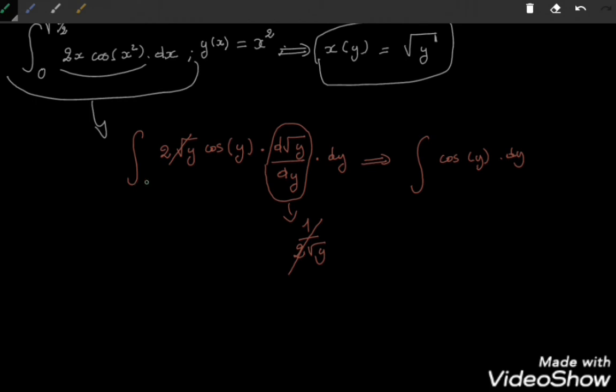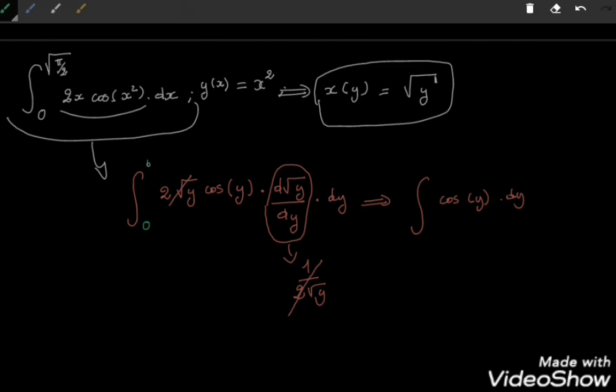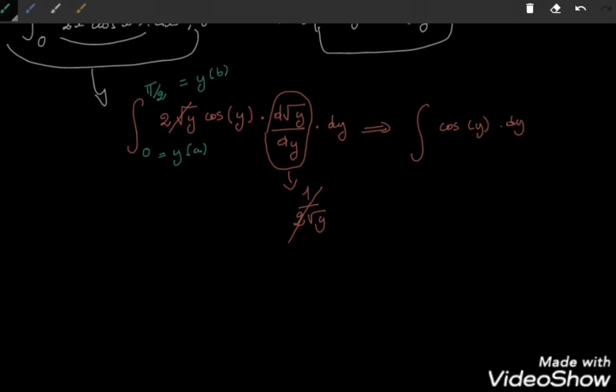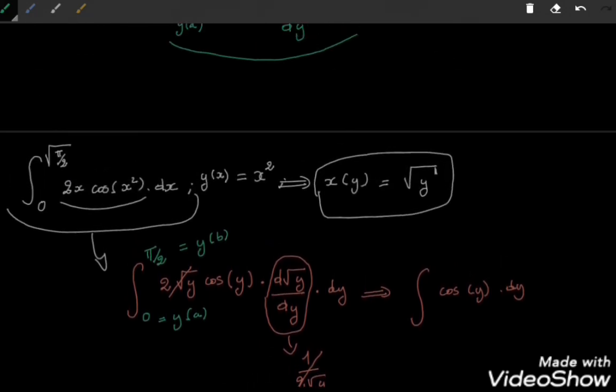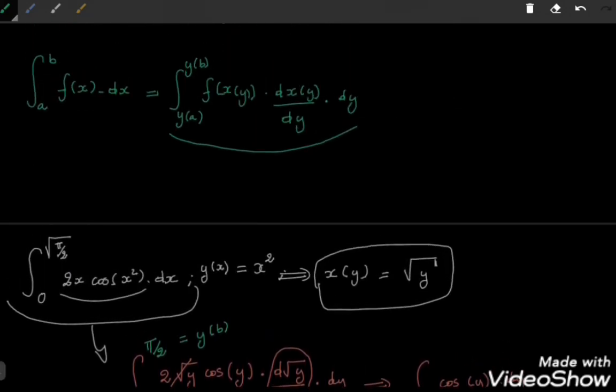The limit here should be 0, and this should be pi divided by 2, which is y of b, and this is equal to y of a. That's it. So I hope the idea is now clear about the integration by substitution.